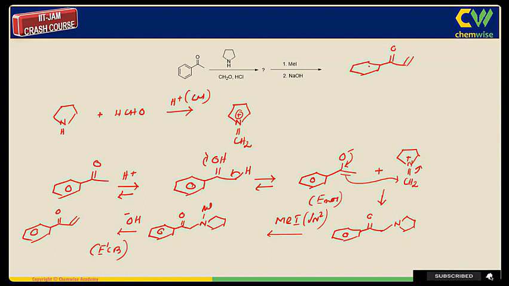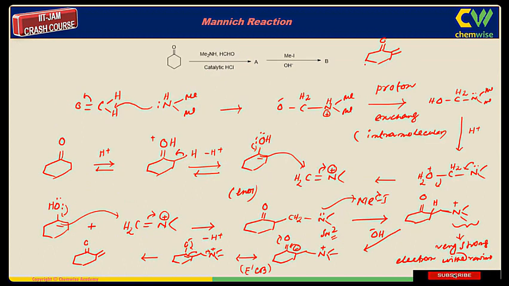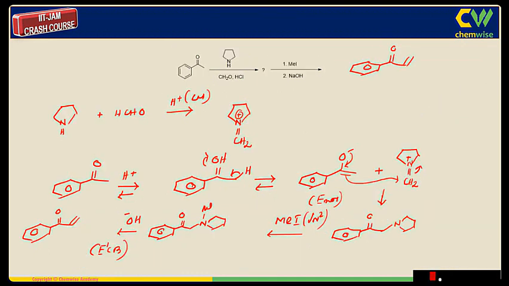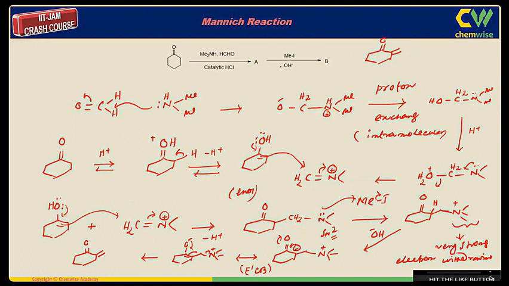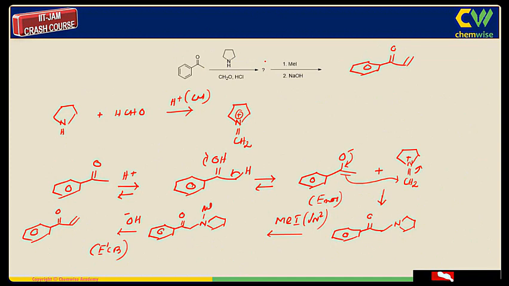Same thing. In the last two reactions, what we did here, we have incorporated one double bond here. Also, we have done one double bond here. So same thing, Mannich reaction followed by methylation followed by elimination. So here we have just used a different amine. Again, it is very important for JAM.